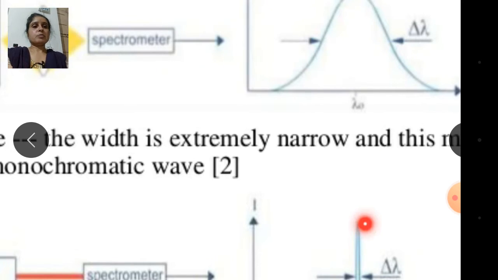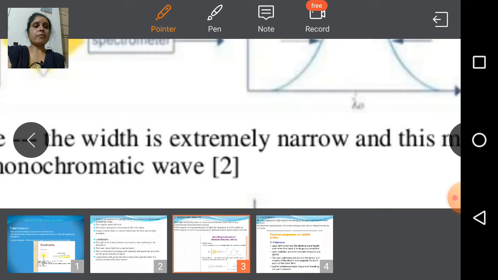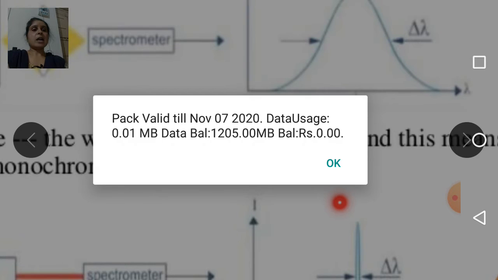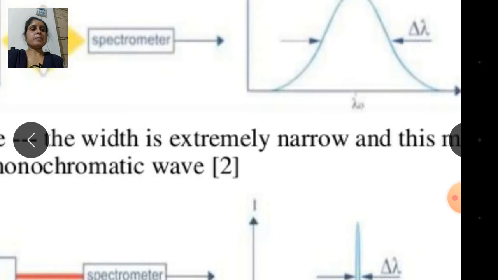So the monochromaticity is a very sharp spectral line with a narrow beam spot.